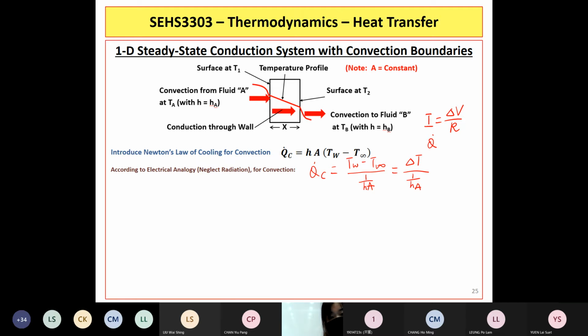And Q equals delta T over R_T. Sorry, R_h should be the thermal resistance. So what we have is R_h for convection equals 1 over h times A. This is the thermal resistor for convection.